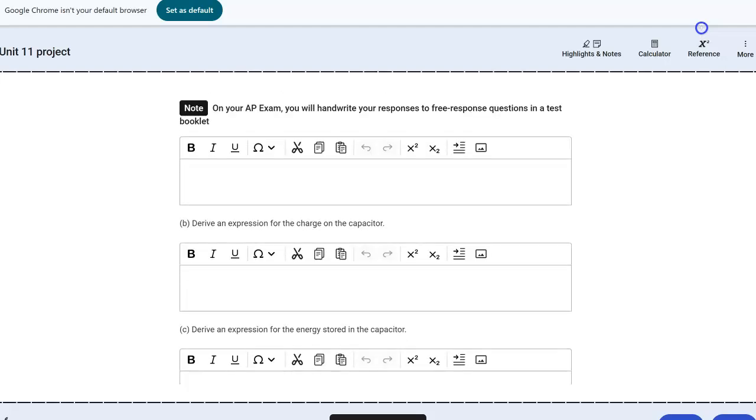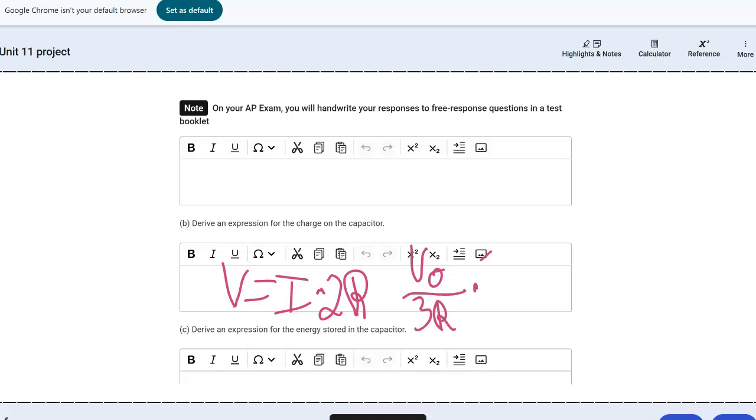that would be I times 2R, because we have V equals I times R. So V equals I times 2R. And since we've calculated I to be V naught over 3R, that'll cancel.